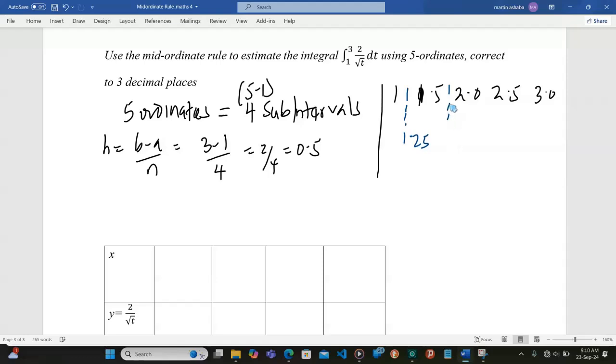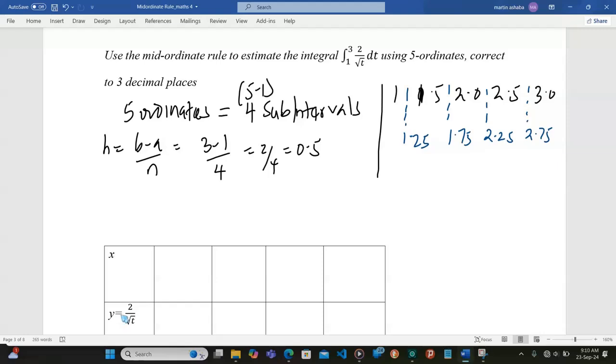In the middle of 1.5 and 2, we shall have 1.75. In the middle of the next, we shall have 2.25. In the middle of the next, we will have 2.75.